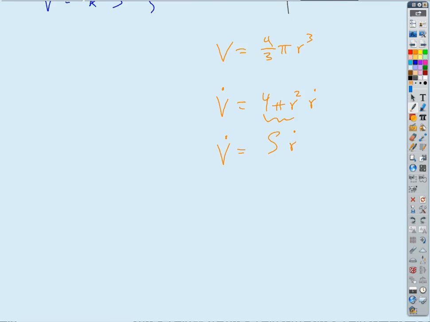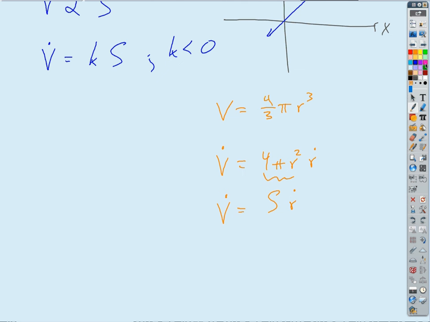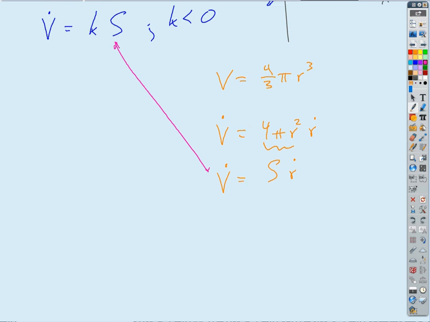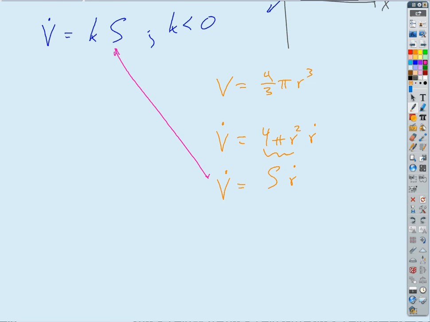So now, look at this. We independently came up with these two equations defining V dot. So by substitution, doesn't it make sense that K S must equal S r dot? If we set those equal to each other, we can divide each side by S, and look what we get.